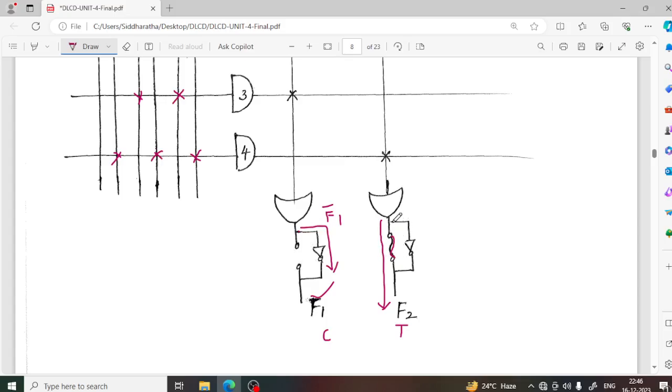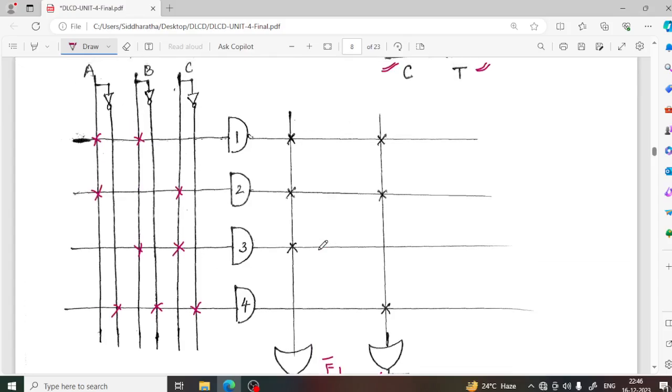The true form of F2 is taken, that's why the fuse is connected. Here the complement form of F1 is taken to get fewer products, that's why the fuse is not connected. The output variable is passed through a NOT gate; we have already taken F1 bar, and if that is passed through a NOT gate, we can get F1, right?